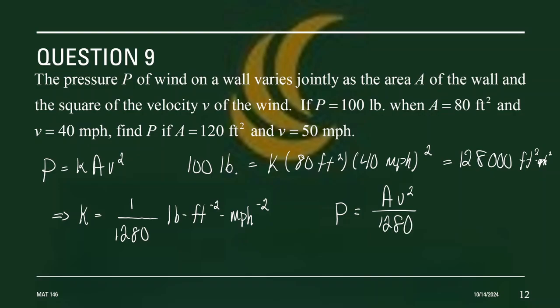So there's wind pressure on the wall. I think that's actually true in general. It doesn't just have to be a wall. The pressure that the wind exerts would just be proportional to the area of the surface times the square of the speed of the wind.